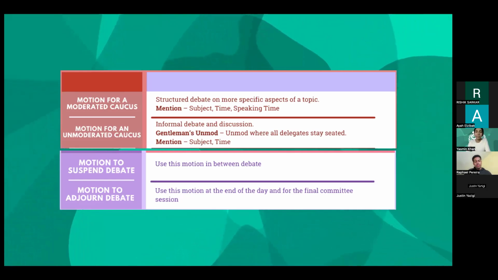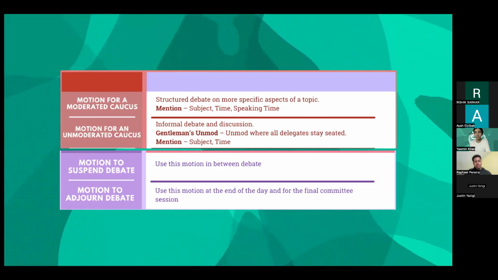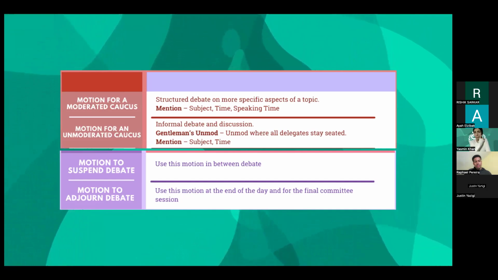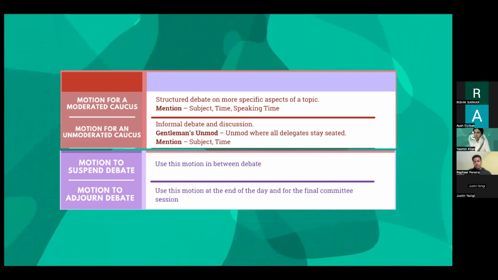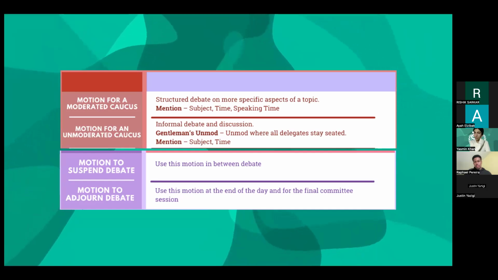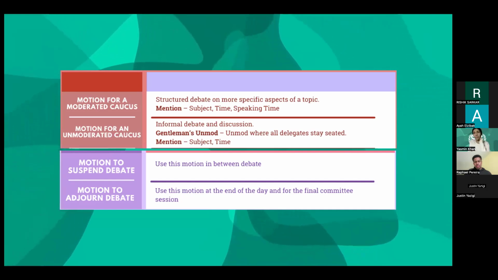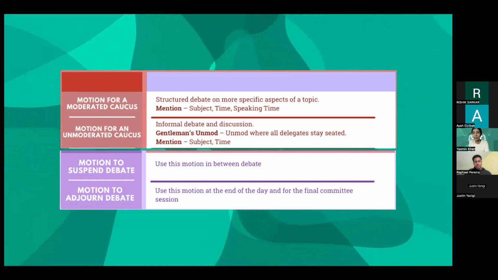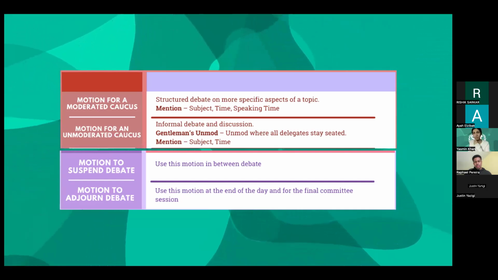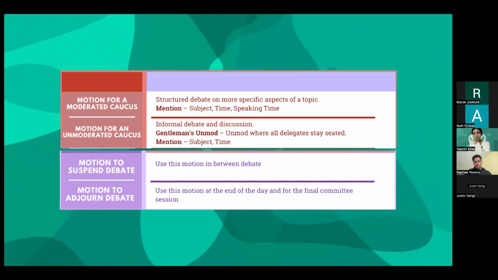What I was trying to get at was, if a moderated caucus is not really related to the previous thing that was talked about, even if the motion was suspended to suspend the debate, would that be fine if it was a different topic for two different moderated caucuses? So are you asking if you can motion for a moderated caucus of a different topic right after? Yeah, depending on the relevance of the topic to the discussion that was happening beforehand.